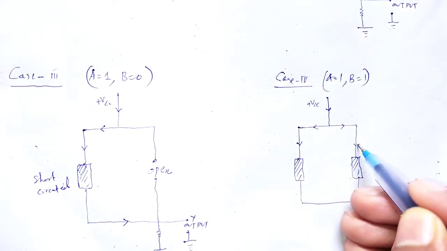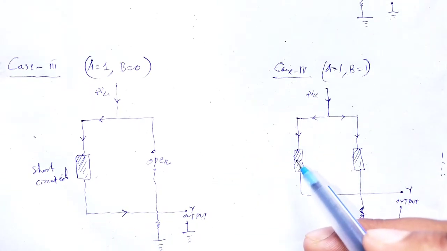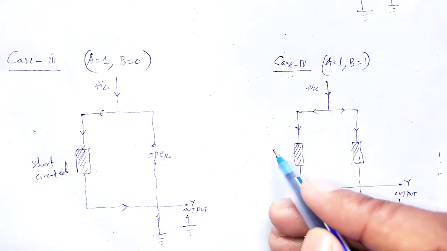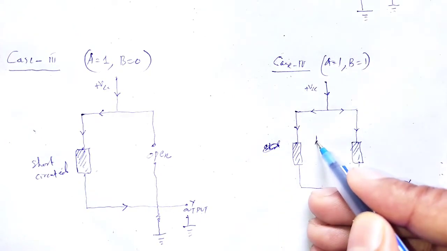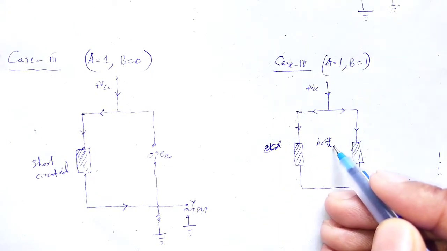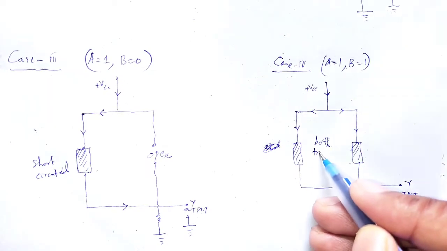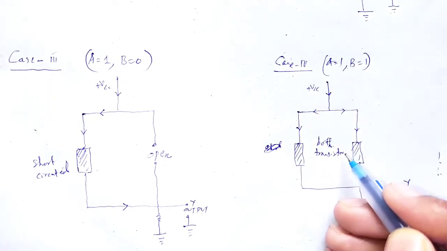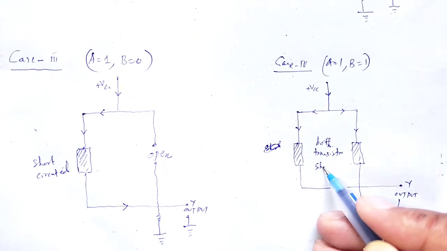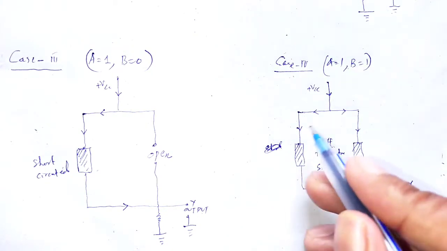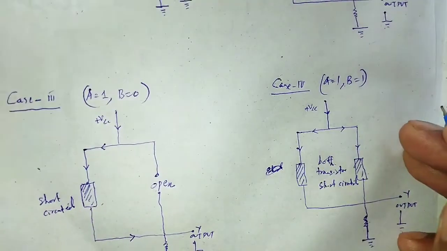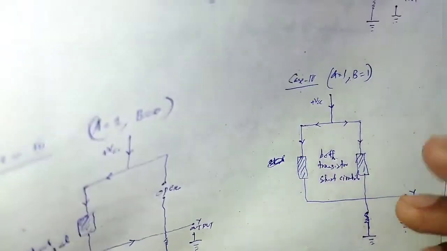Therefore, in that of A also short circuited, both are short circuited, both transistors short circuited, the total circuit is completed, and at output section we have one output.